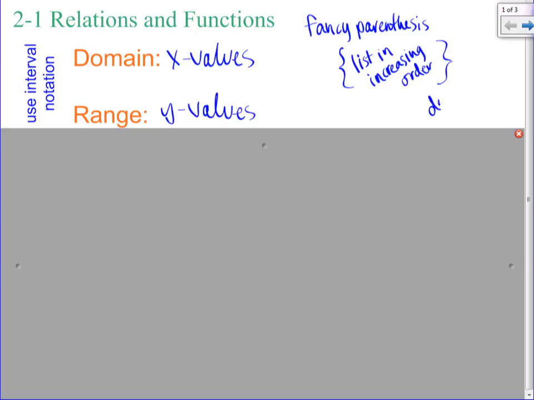And we don't write repeats. So if there happens to be a couple threes, you don't have to write them 2 or 3 times, you just write it once.